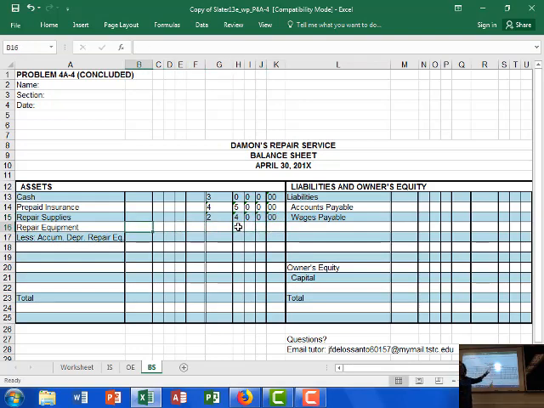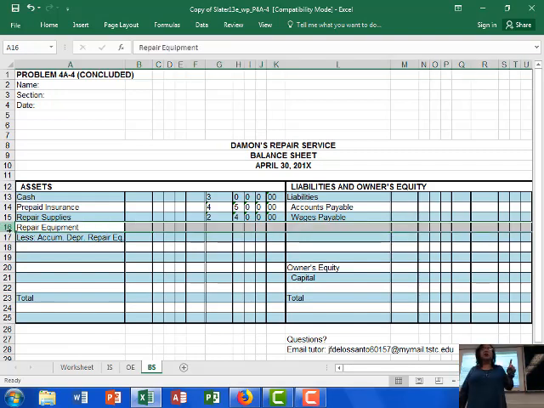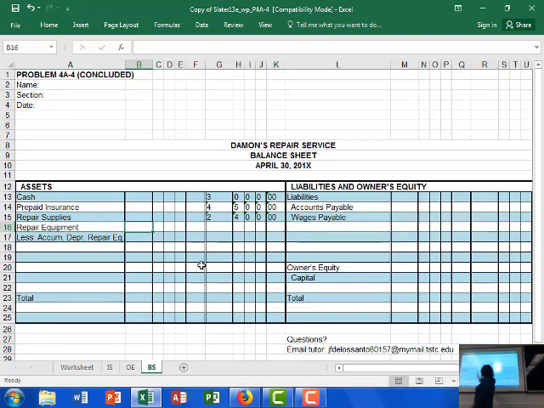Now, the historical value of the repair equipment. Notice that we're going to use this side to figure out our equation. So the historical value is $4,500 of that repair equipment. You're taking out the less accumulated depreciation equipment, the amount that we're decreasing it by as of this month, which is $2,000.